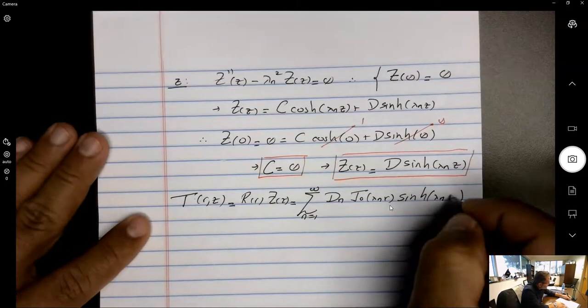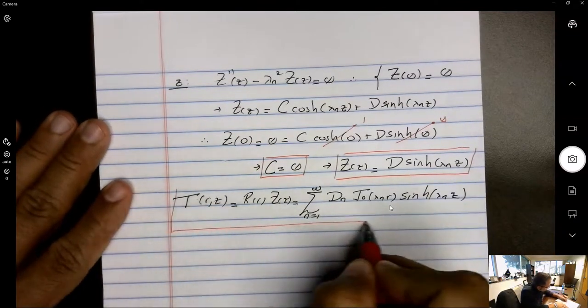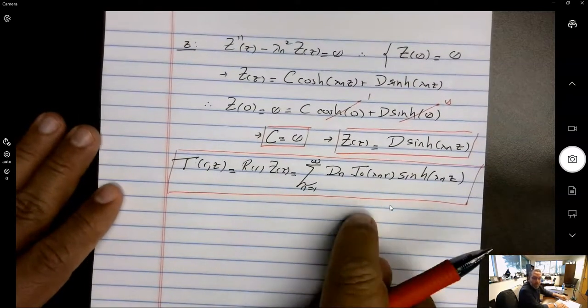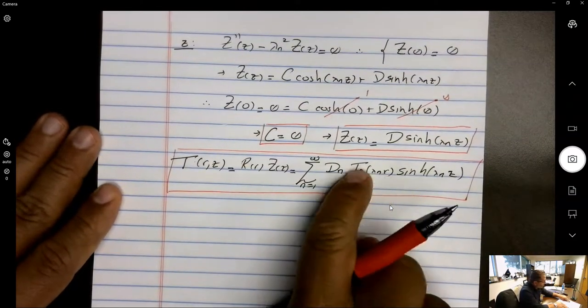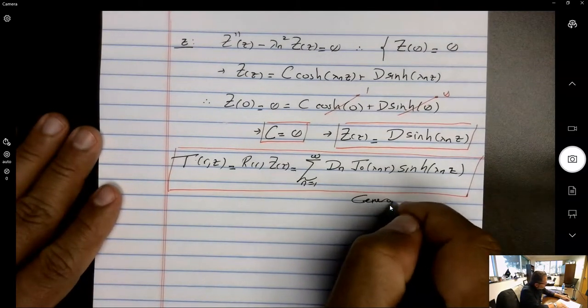And that is the general solution to this problem, after we assemble them all at all possible eigenvalues, at all possible frequencies of the Bessel function. This is a general solution.